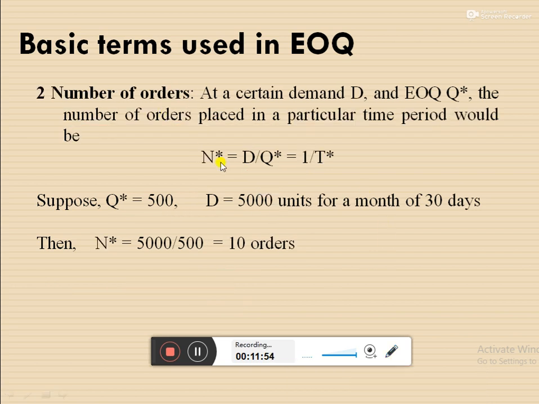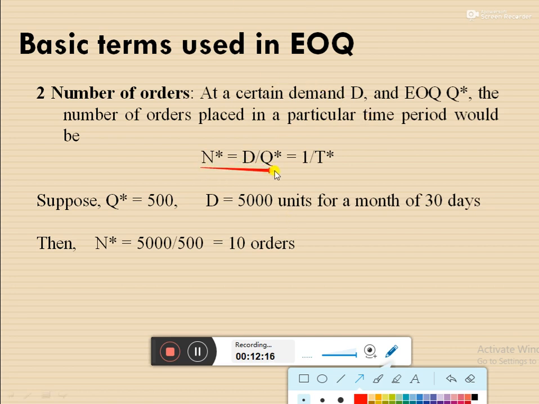The second basic term used in the economic order quantity model is the number of orders. At a certain demand D and economic order quantity Q, the number of orders placed in a particular time period can be calculated by using this expression, that is total demand divided by order quantity, or N is just the reciprocal of the inventory cycle.